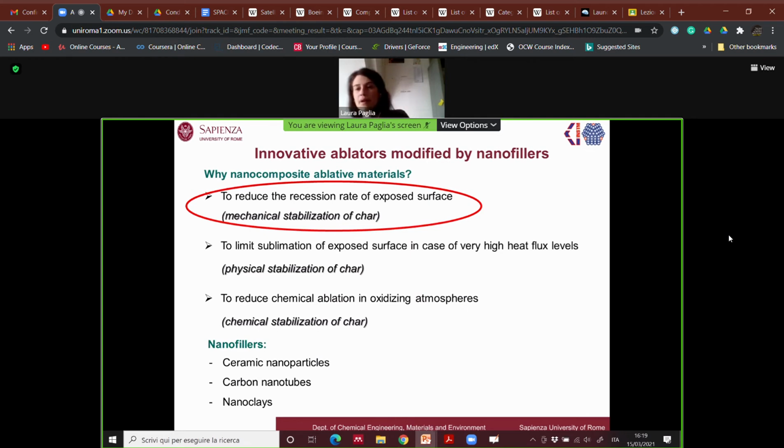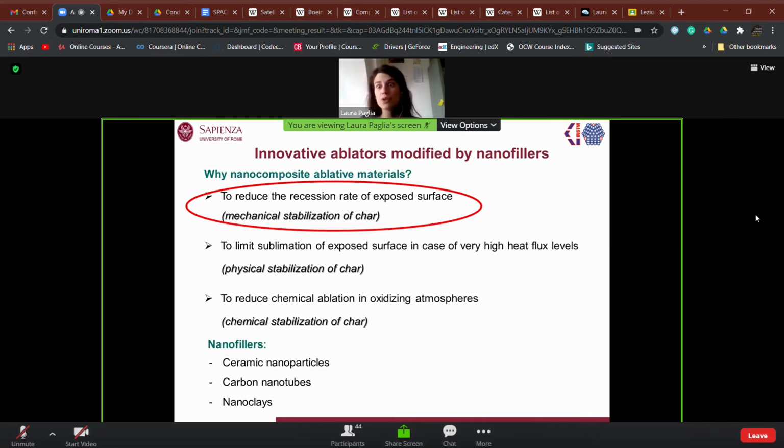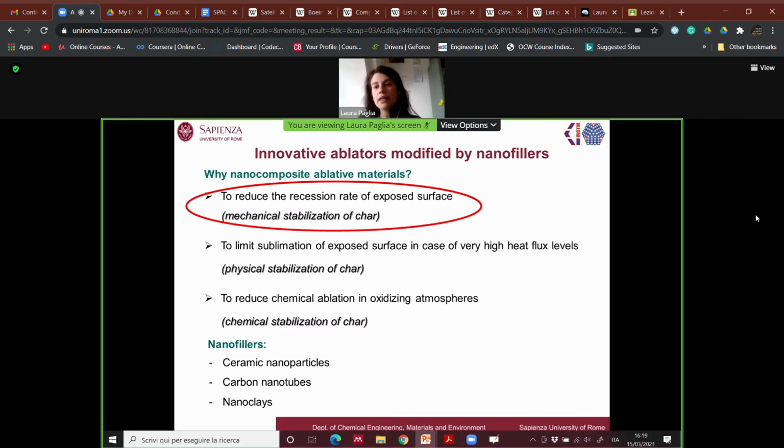If you remember, nanoclays are 2D nanoparticles, okay, which are able to give also mechanical reinforcing to polymers because they are able to entangle the chains, and this is very important for the mechanical properties, but also for the chemical properties of these materials.